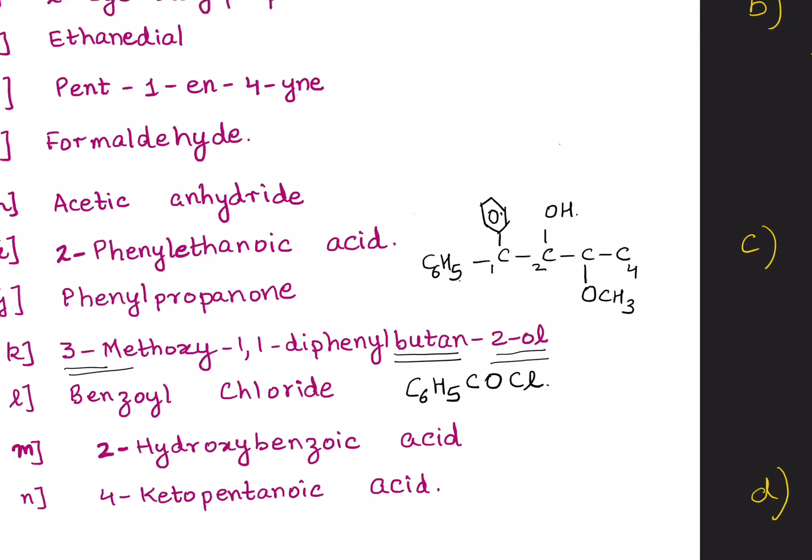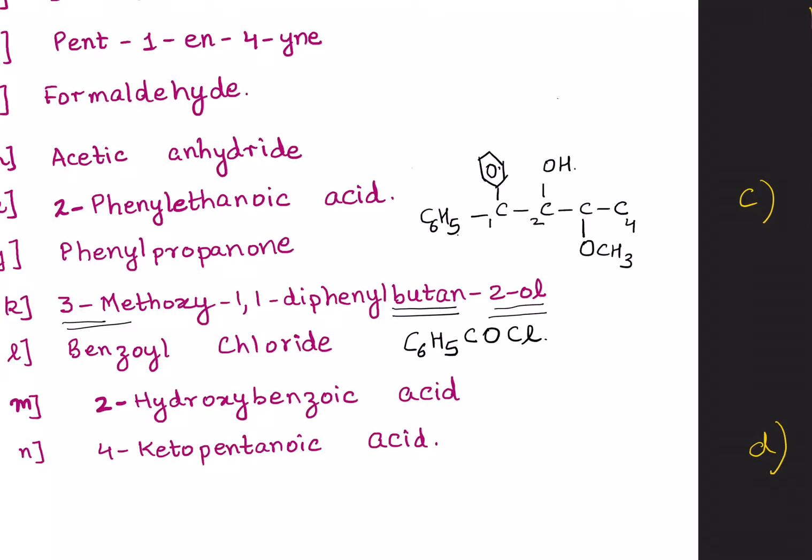I hope this makes it clear. Next is benzoic acid. You see, again we have benzo. So oic acid, that means I will have a benzoic acid. So C6H5COOH is my benzoic acid.